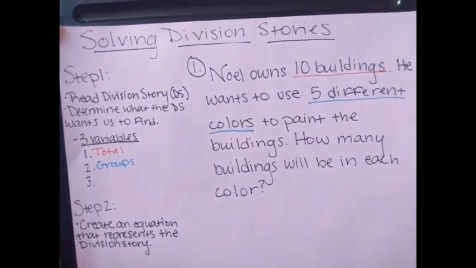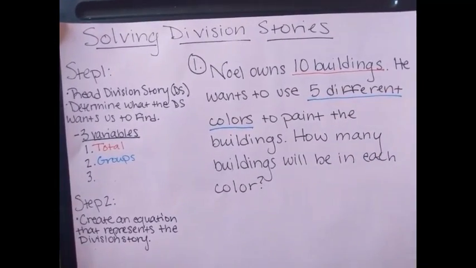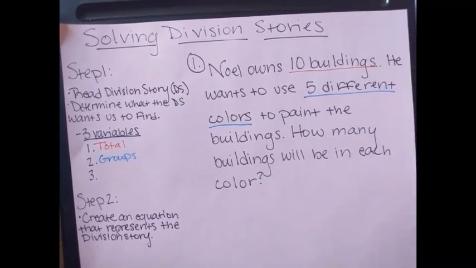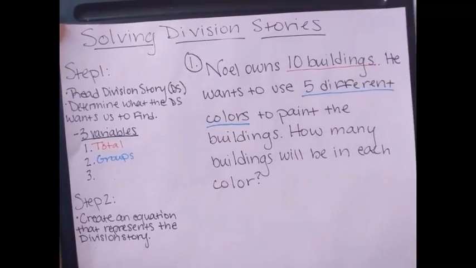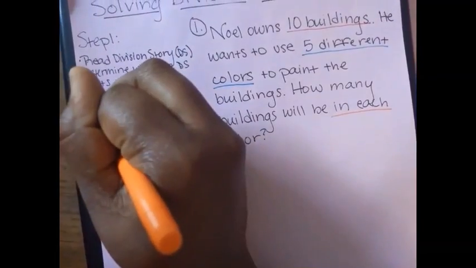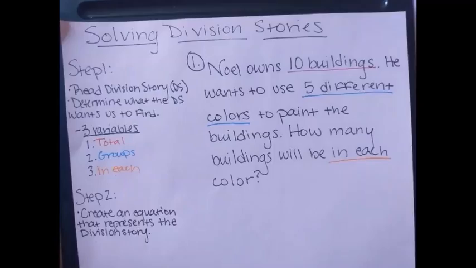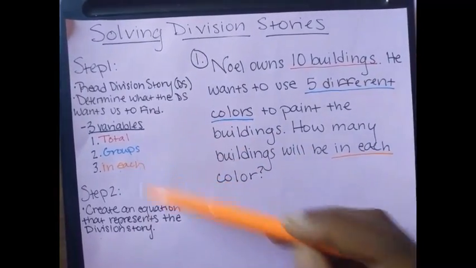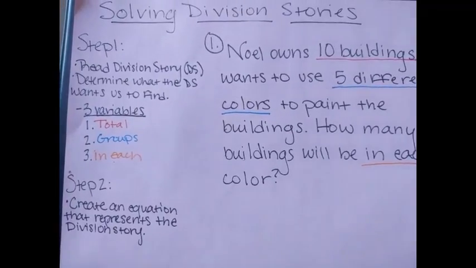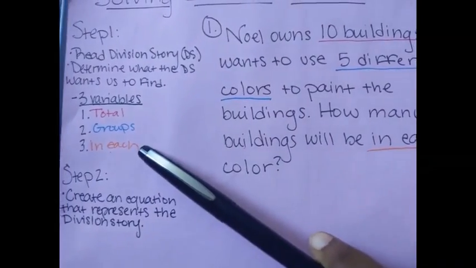And that variable will be the variable that we are looking for, and it is found in our question, in the how many buildings will be in each color. In each. How many buildings will be in each color? So we must be looking for in each. And in our division stories, we will have 3 variables represented every single time. We finished step 1. We have determined what the division story wants us to find, which is our in each.